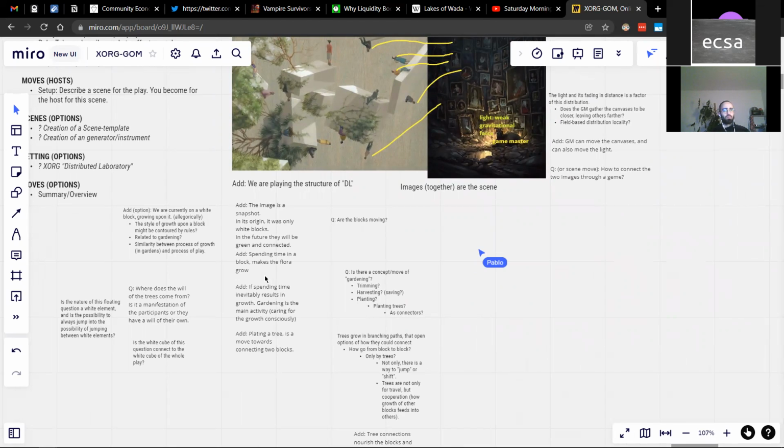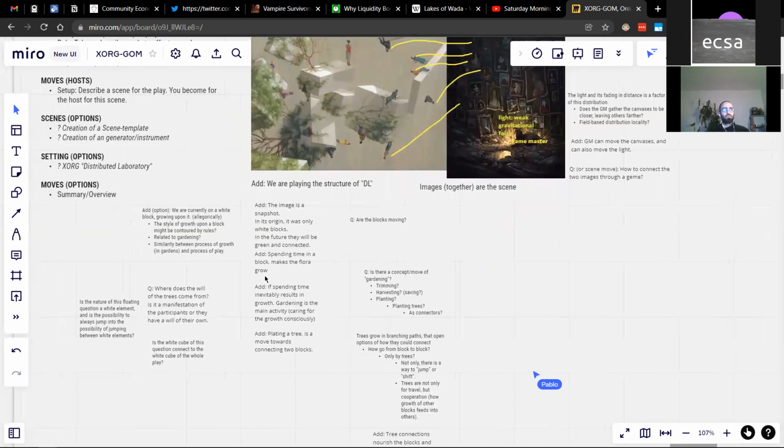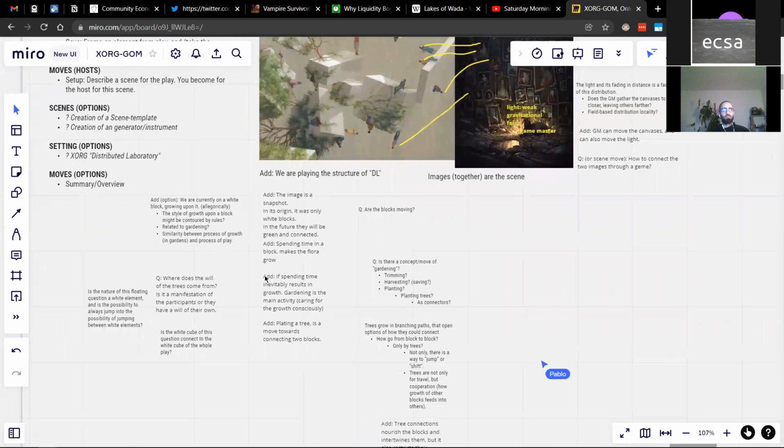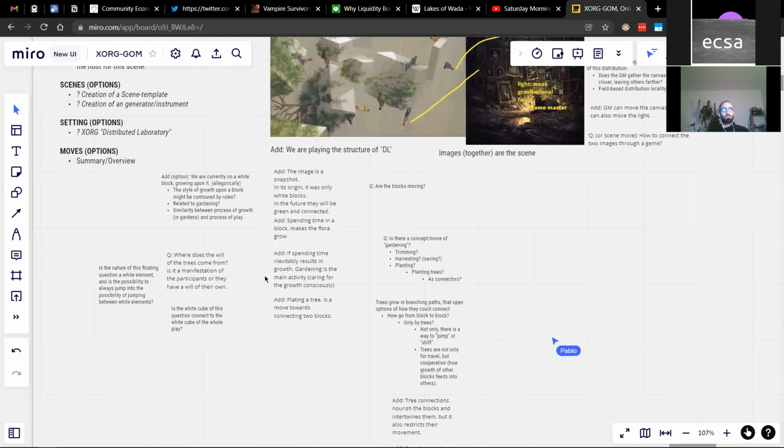One, for example, is looking at the process itself as growth, and then the rules as gardening, and then the connections as trees, growing and creating feeding structures, branching feeding structures. And then this nature of floating, this mechanical possibility of creating floating elements, which are really at hand. They don't have to be in focus, but they can always become the focus for a moment and then lose the focus.